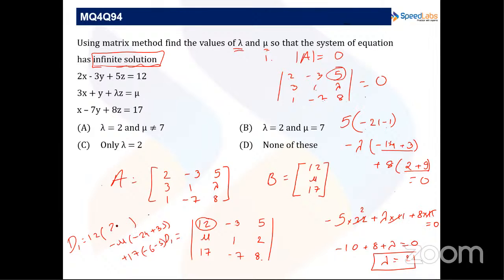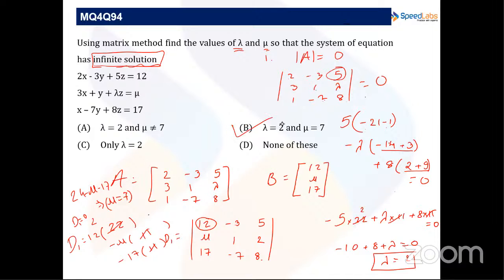So this quantity is 22, this is 11, this is again 11, negative sign outside. So 11, 11, 11, this, so 24 minus mu minus 17. So mu will be equal to, see D1 is equal to 0, so mu will be equal to 7. So the correct option we are having here is B.